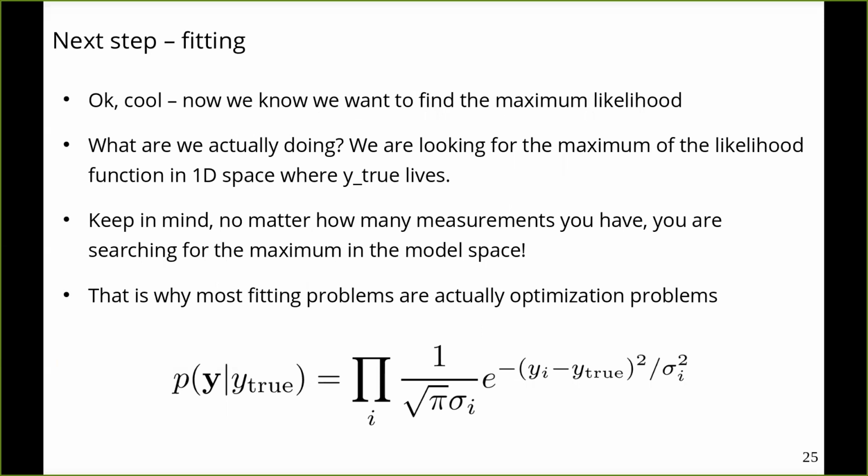So we are looking basically for the maximum of the likelihood function in 1D space. And no matter how many measurements you have, 2, 3, 20, 500,000, you are looking for the maximum in one dimension, basically. And this is why, since we are looking for the maximum of the function, I will stress later that it's not only maximum that we want.